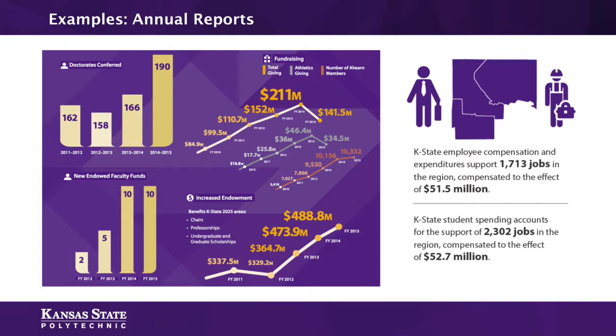We wanted the reader to be drawn in and see that year was a really good year for fundraising for the university. So just by using those tricks with typography and color, you can really tell the viewer what you want to show as the most important data to be presented.